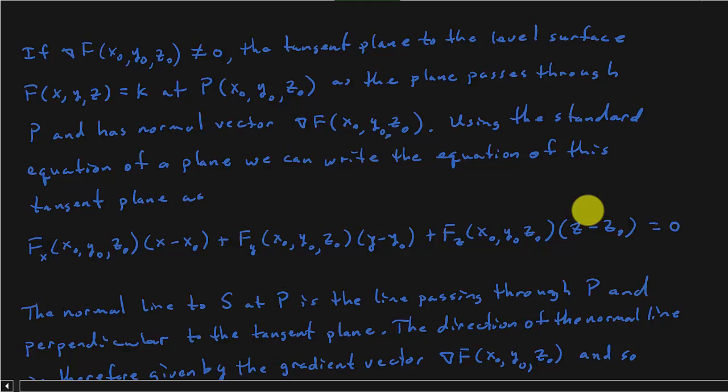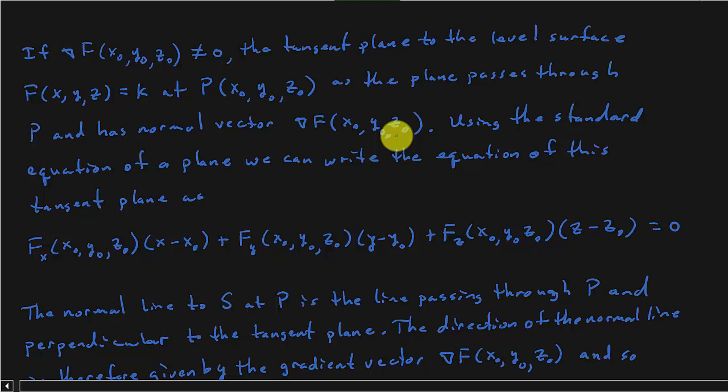So if we have the gradient of f at x naught, y naught, z naught not equal to 0, the tangent plane to the level surface f of x, y, z equals k at P of x naught, y naught, z naught passes through P and has normal vector the gradient of f at x naught, y naught, z naught.